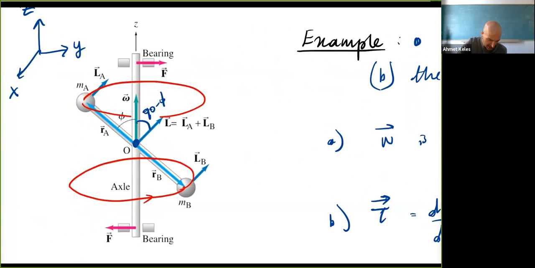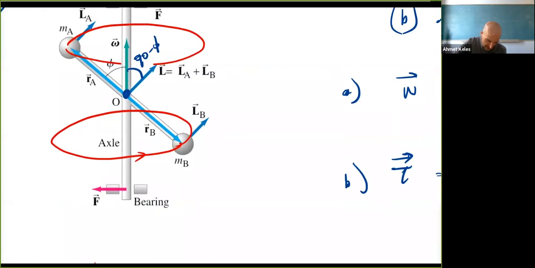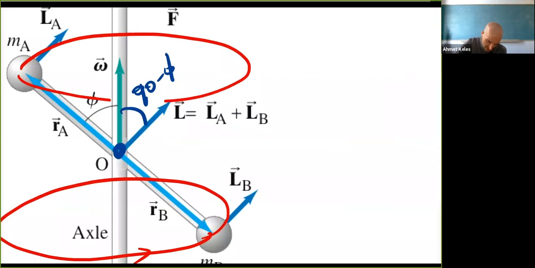Now, this L has two components. Maybe I can show it with an orange component and a purple component.